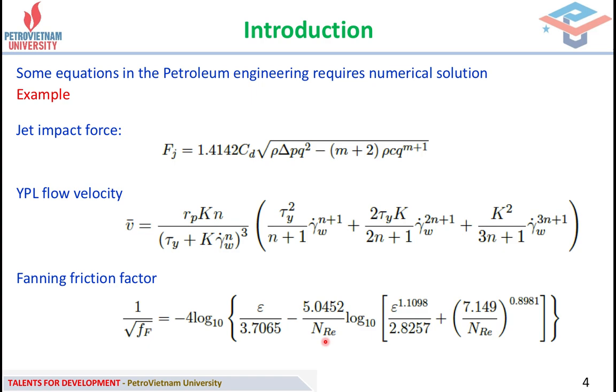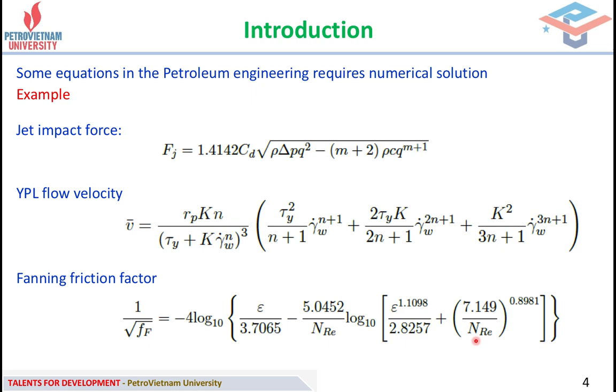But you might be asked, what would be the value of relative wall roughness for that case? In this case, this equation will be nonlinear and it's difficult to solve analytically. In other cases, when you have to determine the Reynolds number given the Fanning friction factor and epsilon, this equation is not linear as well, and you need to use numerical methods.